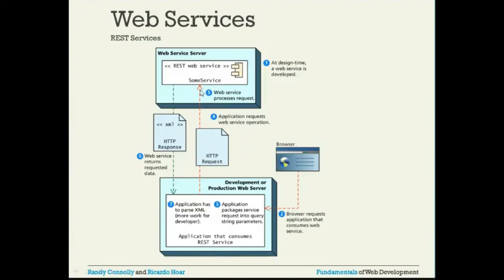Whatever is the request, it will process it and it will give the response. The response will come as either JSON or XML. In this particular case, it will come as an XML response.